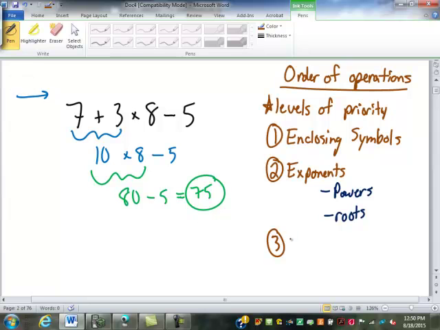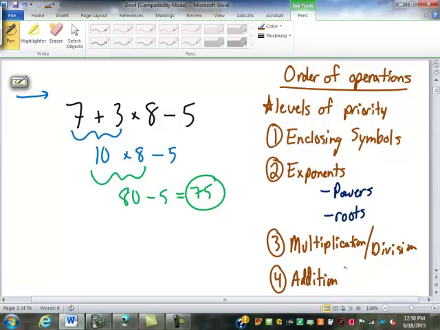Third on our level of priority, now remember we said that they're really the same operation, so they're going to happen at the same time. Multiplication and division are the third level of priority. And finally, lowest priority, addition and subtraction are the last things that get done.